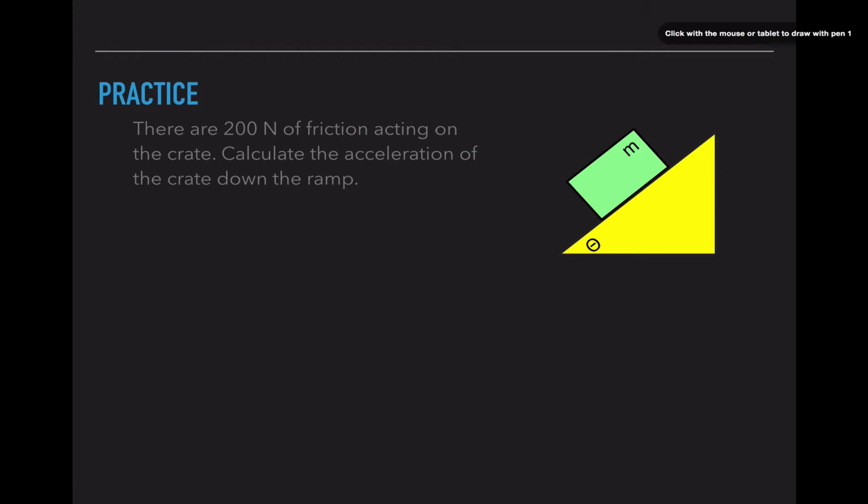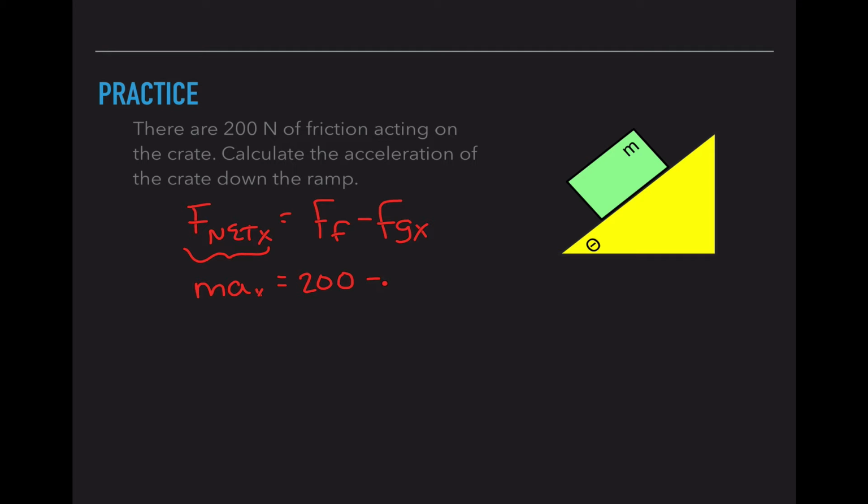So the next step of this problem, there are 200 newtons of friction acting on the crate. Calculate the acceleration of the crate down the ramp. On the previous slide, we said that F net in the x direction is FF, because that's the positive direction, minus FGX. Now, any F net ever can be substituted with an m times an a. I'm going to put a little x next to that a to remind me it's the acceleration in the x direction. FF is 200 newtons, and FGX was calculated out to be 225.4 newtons.